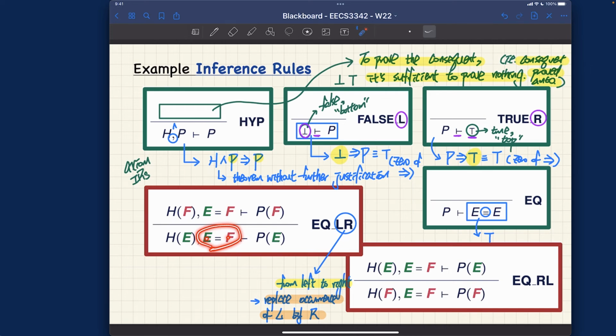But which direction should we go? Should we substitute E by F? That will be from left to right. Or should we substitute F by E? That will be from right to left. That's exactly what this rule is about, but I'll get there. Once you understand this one, the other one will just be symmetric.